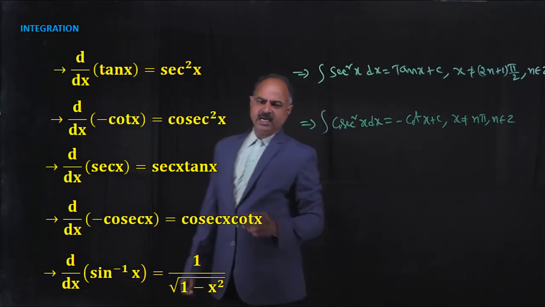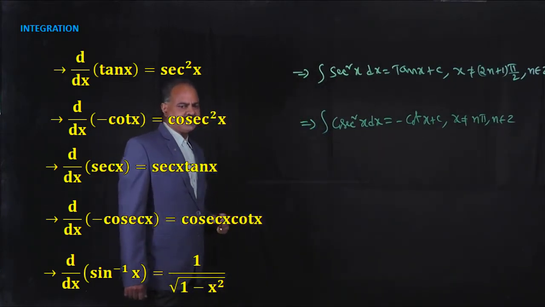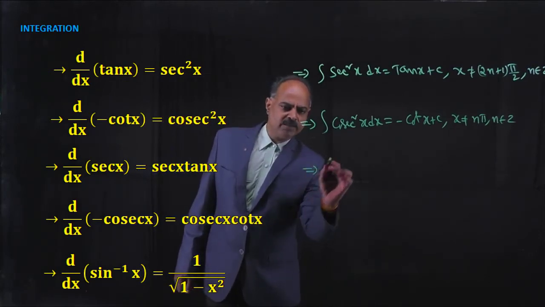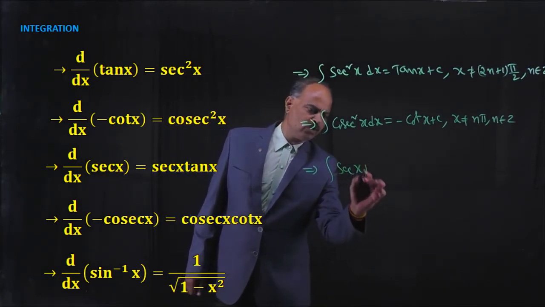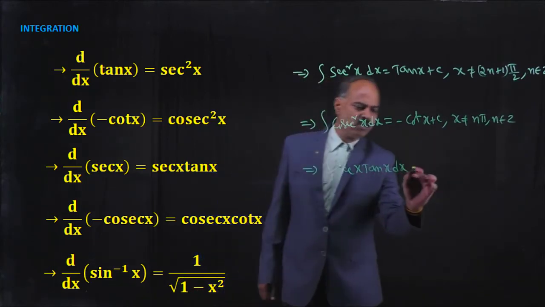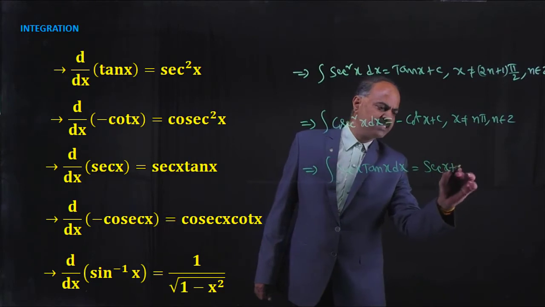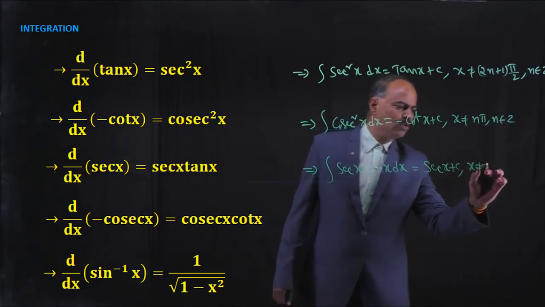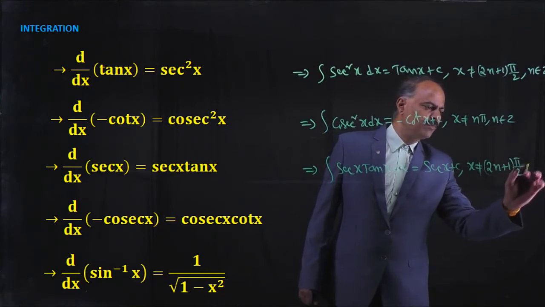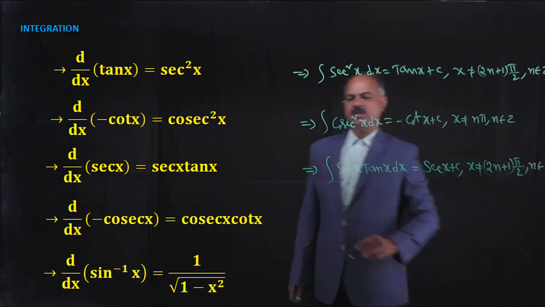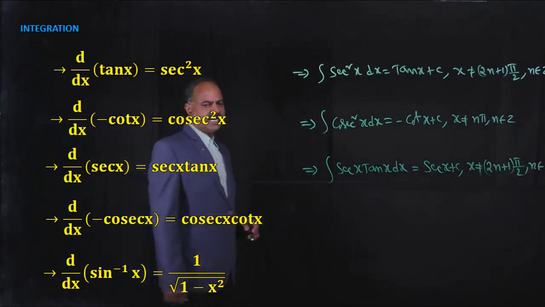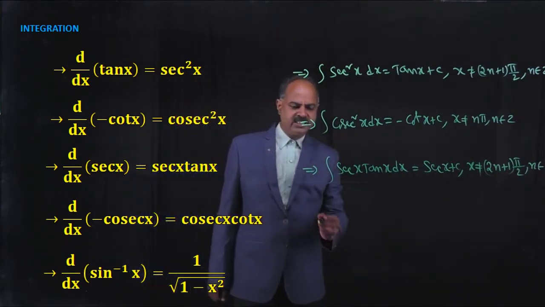We know that d by dx of secant x equals secant x into tan x. So this implies integral secant x into tan x dx equals secant x plus c, x not equal to 2n plus 1 into pi by 2, n belongs to Z. Next one is d by dx of minus cosecant x equals cosecant x into cot x.